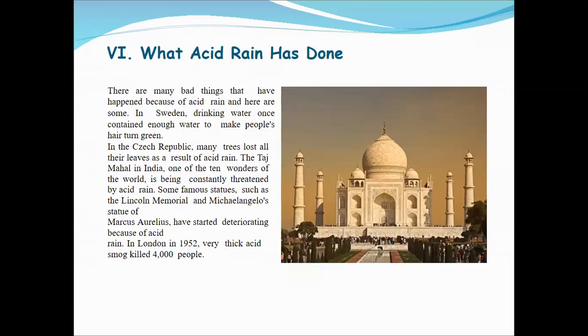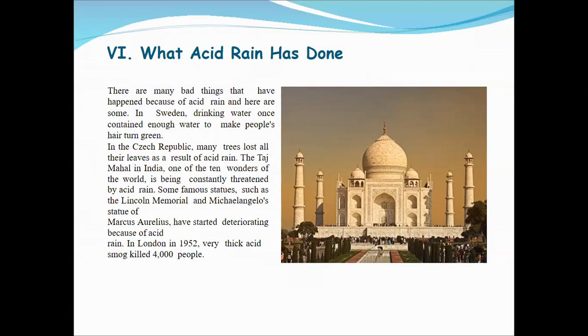So here you can see the Taj Mahal in India also, due to the acid rain, the colors are changing. The white color at the top, you can see the white slightly turns into brownish. And in the Czech Republic, many trees lost their leaves as a result of acid rain.